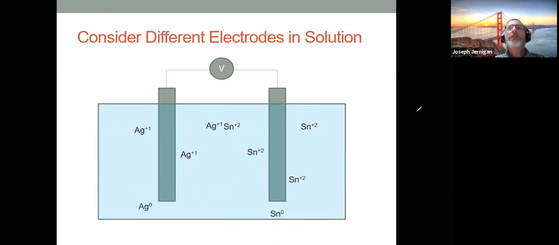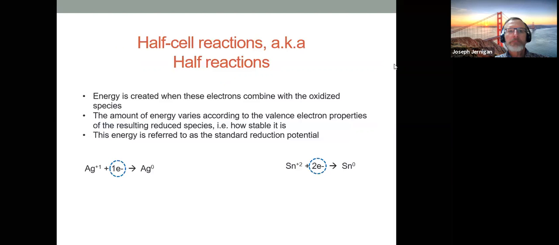So far, so good? All right. Now, okay, so let's review. Energy is created when these electrons combine with oxidized species in these half reactions. I showed you that.